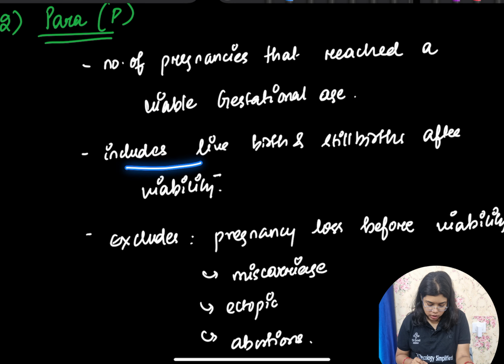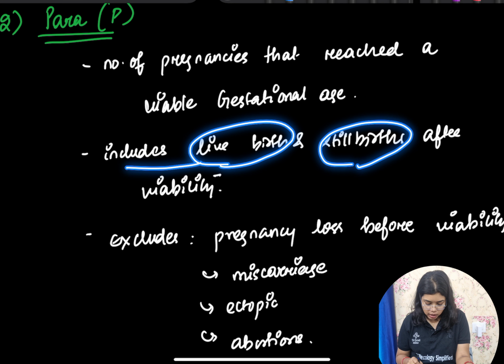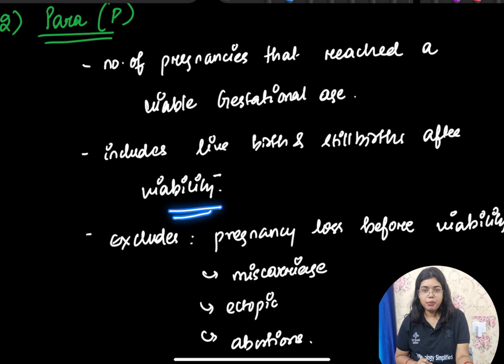Then it includes live birth and also stillbirth, but after viability. The outcome may be live birth, stillbirth, or intrauterine death. Maybe she delivers a dead baby, but if it has crossed the period of viability, that will be counted as parity or para.